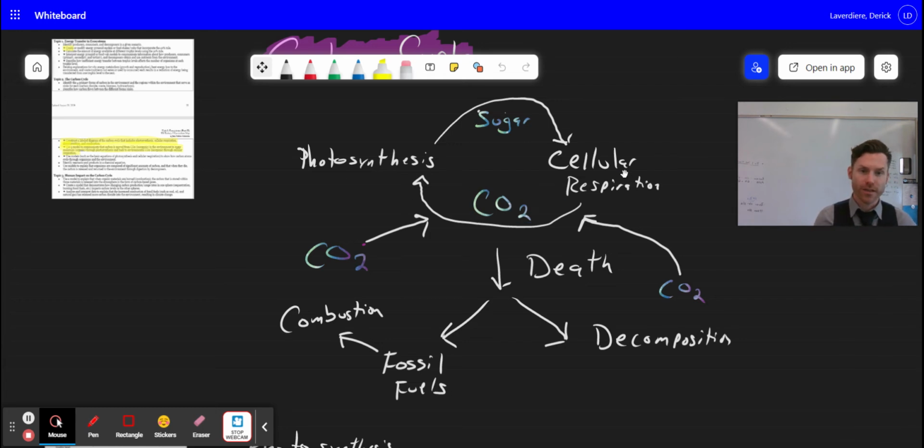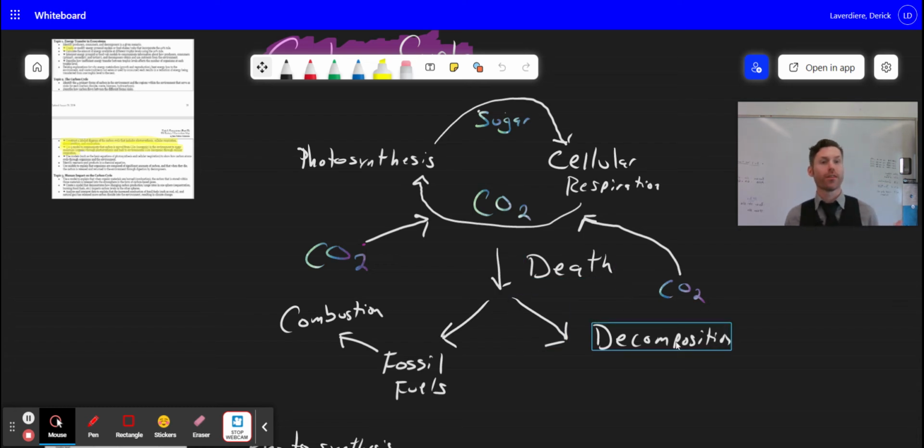Now, these are processes done by living things. And as you may have figured out at some point in your life, living things die. And so when living things die, there's two paths that they can go down. Most things go down the path of decomposition.